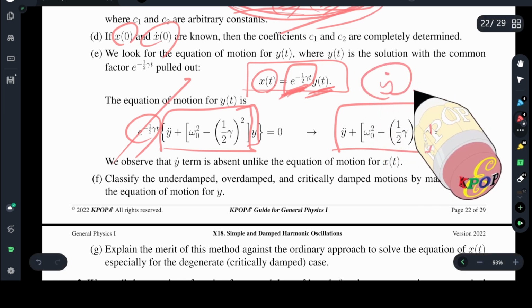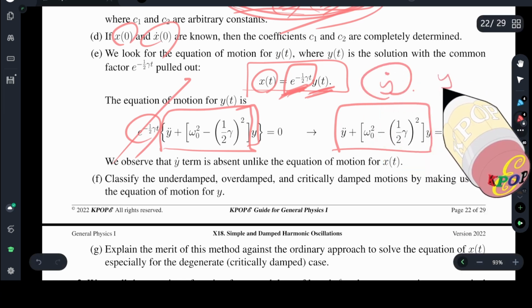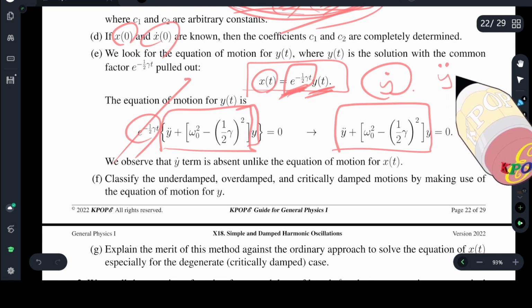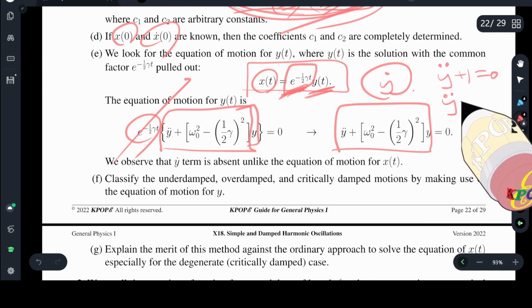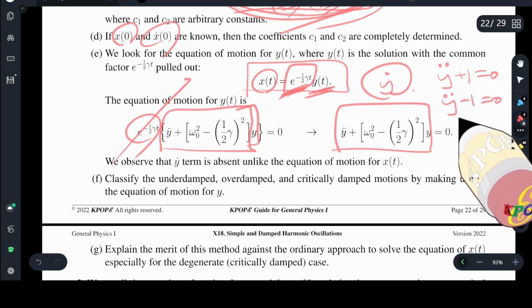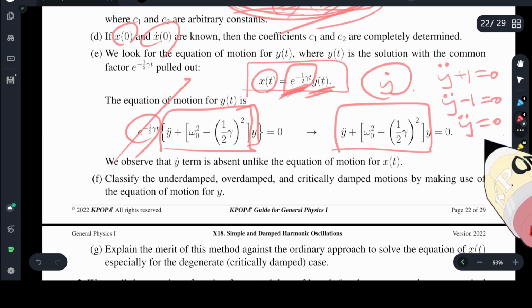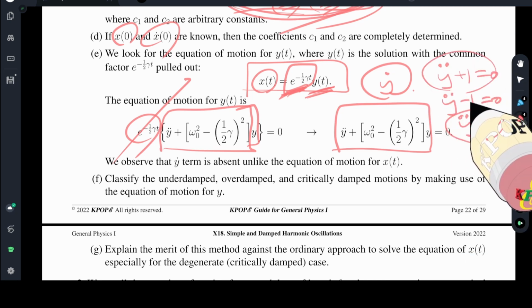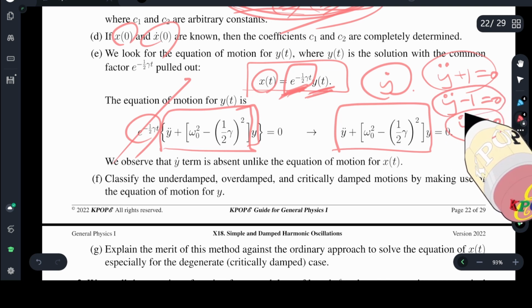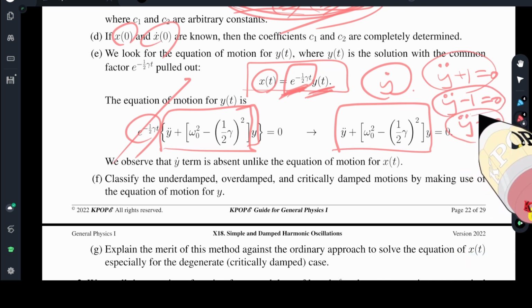Very simple. And you have the three kinds: plus one zero style, minus one zero style, or equals zero style. This is a double root, and this is for the oscillatory motion that is the underdamped case, and this is a real valued solution that is for the overdamped case.